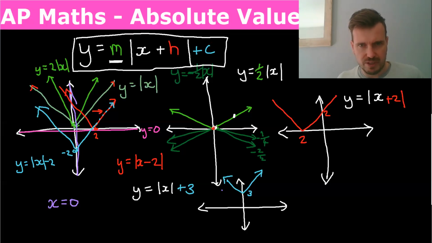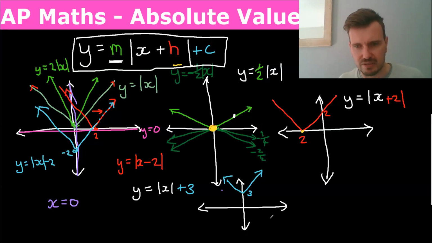If you see that this point has been shifted either way, to the left or the right, you know that this h is going to have a value. Like what we see here, it's been shifted. And if you see that the salient point, this yellow one, is above or below the x-axis, that would affect the c.